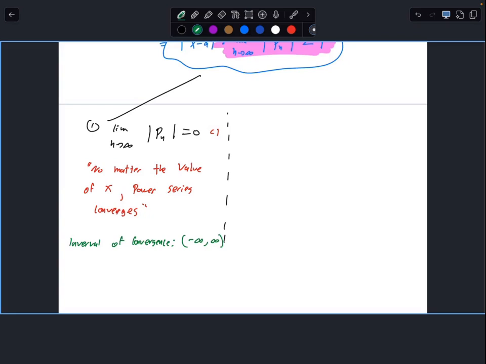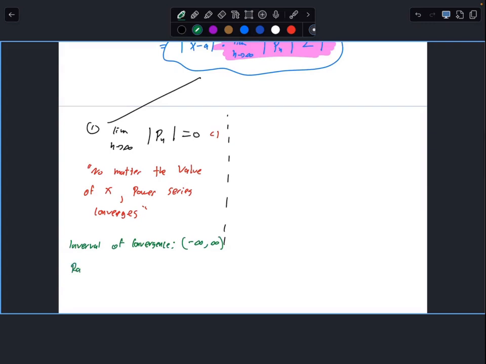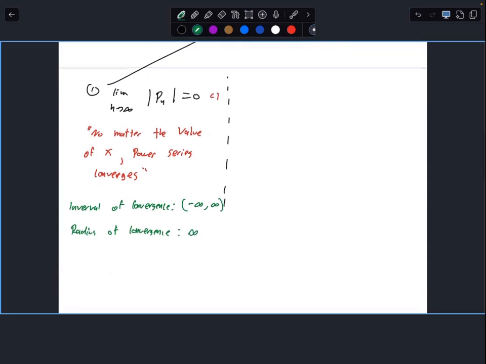And the radius of convergence is just a way of saying how far out from x equals a you can step away and still get a function or a sum for this geometric power series. In that case, it would be just infinity. So we call that the radius of convergence is infinity.